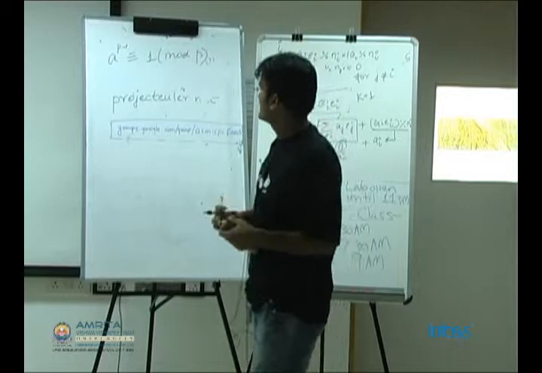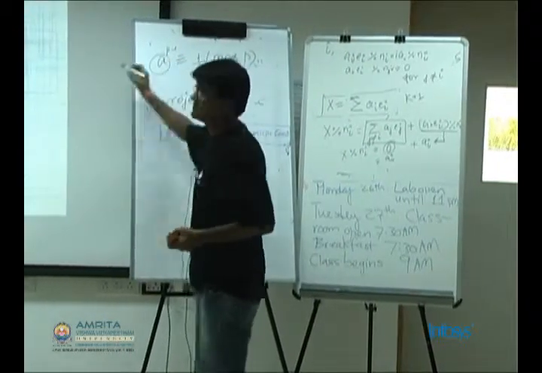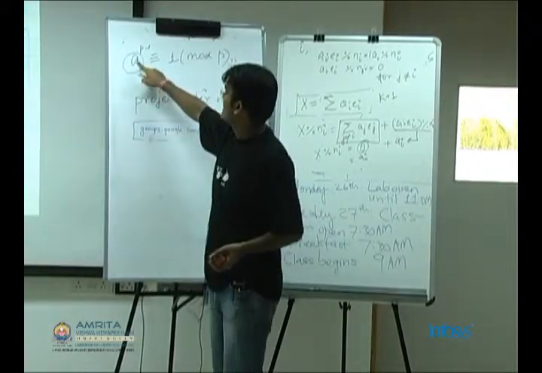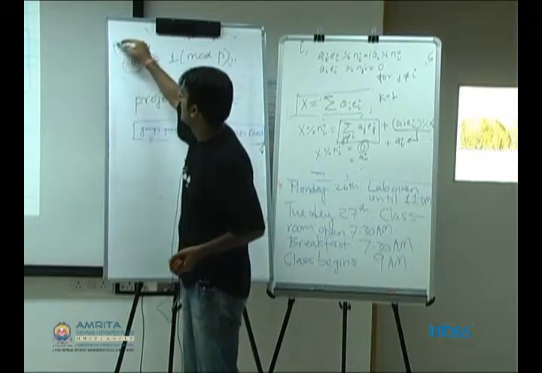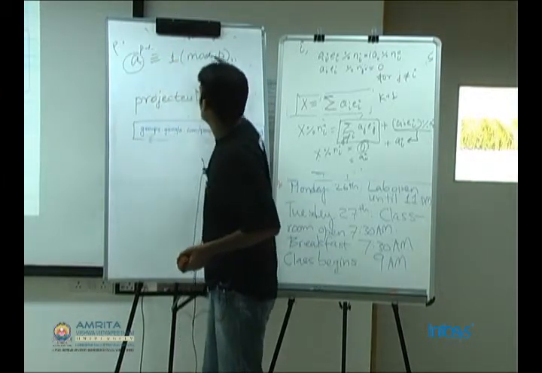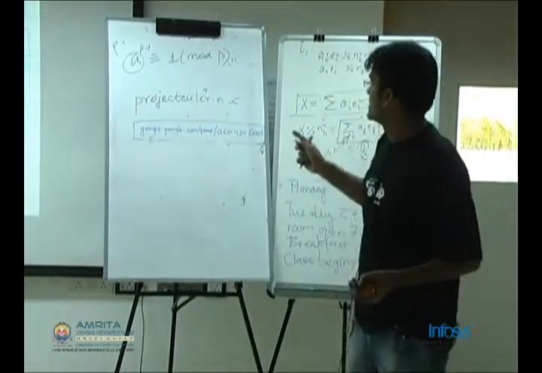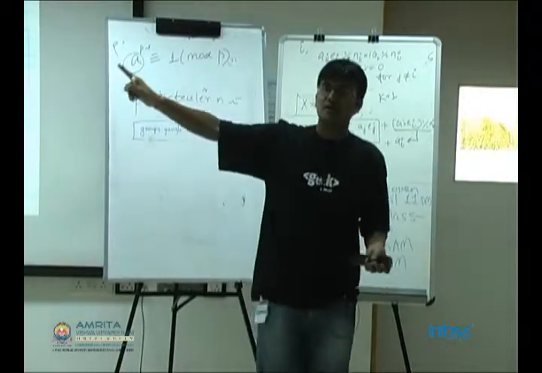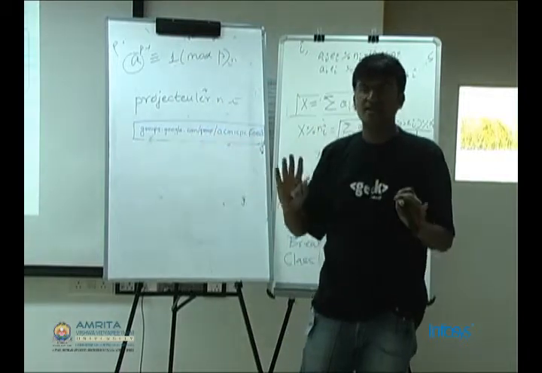So what we do is we take some random set of a's, and for every a we try to find out, let's say we are checking p for primality, what is a power p minus 1 mod p. If we get any a where a power p minus 1 mod p is not equal to 1, that means the number is not prime. It's certainly a composite number.